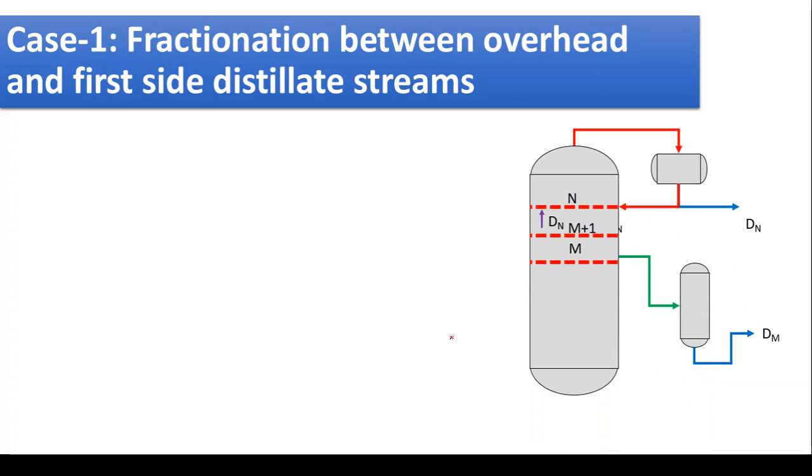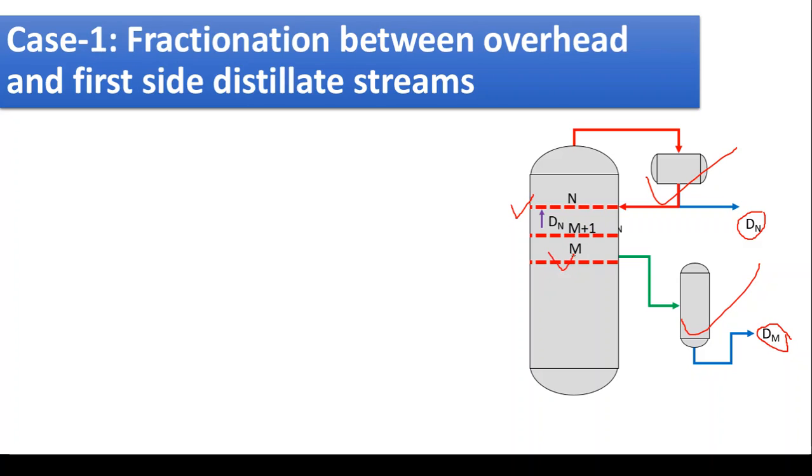Case 1, fractionation between the overhead and first side products. Let us look closely at the graph. This is the top product, we call it DN, and this is the first side product that we call DM, and there are the distillation trays here, maybe 5 or 6 trays are available here.